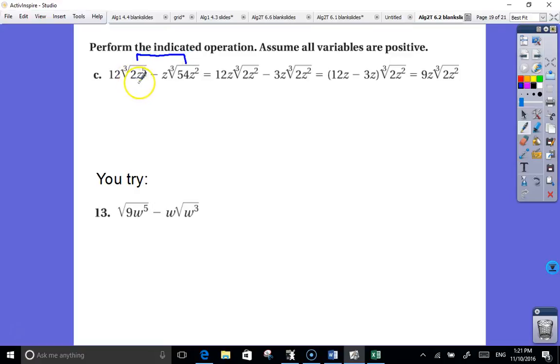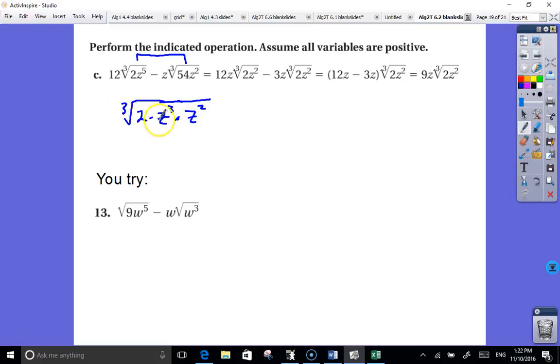The z to the 5th, this one radical right there, could be written like the cubed root of 2 times z to the 3rd times z squared. I break that z to the 5th into z to the 3rd times z squared.